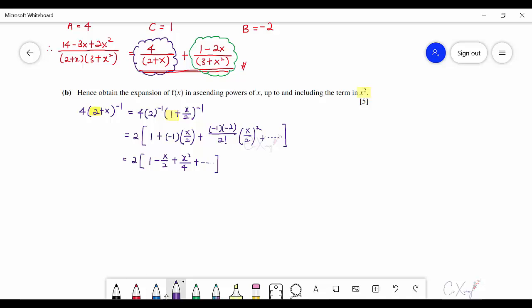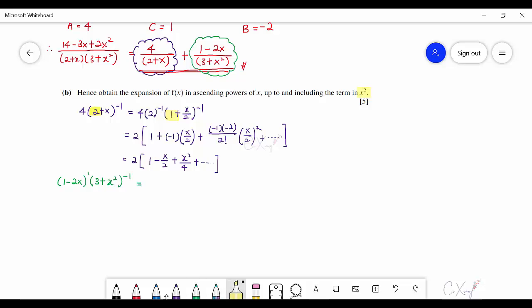Then next you go for the second term. For the second term, you have 1 minus 2x. This is power 1, so you actually no need to do any expansion for this term, but we are going to focus on the denominator, which is (3 plus x squared) to the power of negative 1.